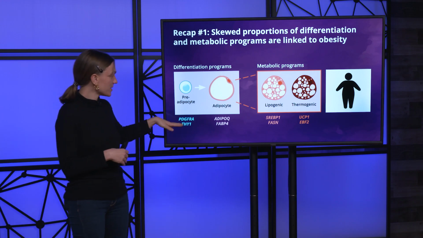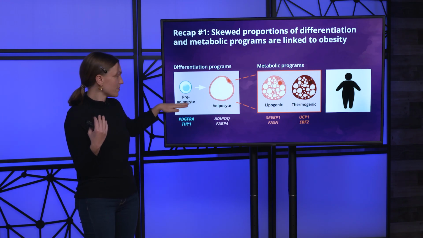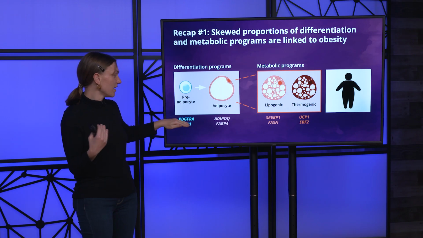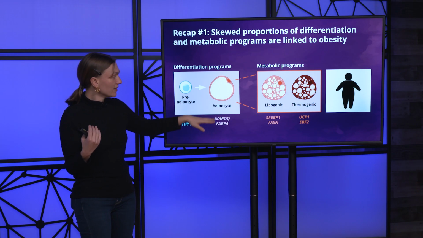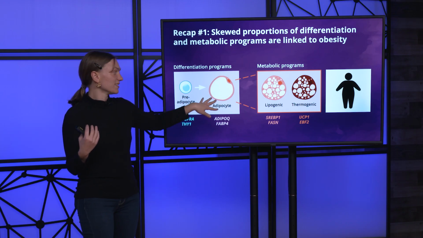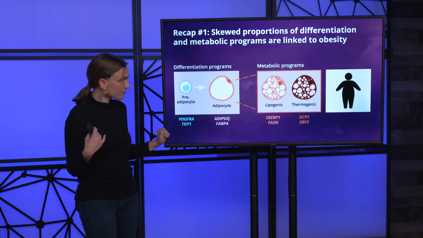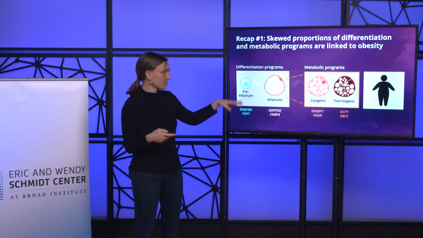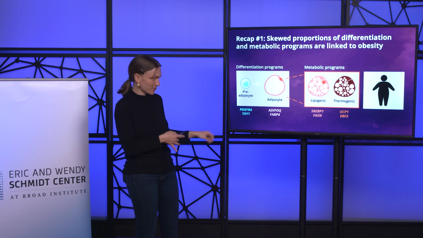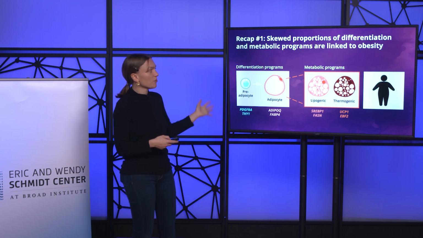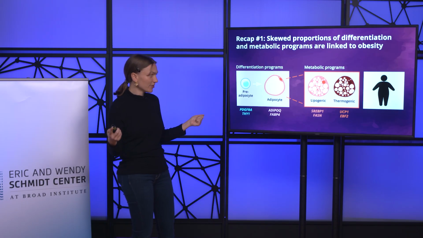So for example, we spoke about the capacity of the pre-adipocytes to proliferate when PDGFRA is active, and also the ability of the adipocytes to signal to other tissues when AdipoQ is active. The issue, however, was that while we know information for some of these genes in the gene expression programs and some of their functions, we'd like a more systematic whole transcriptome view of what's going on.